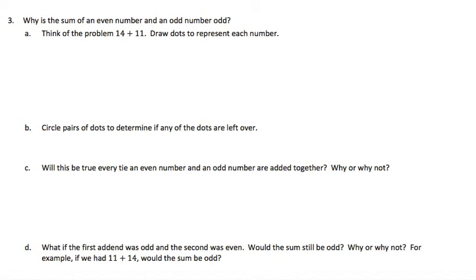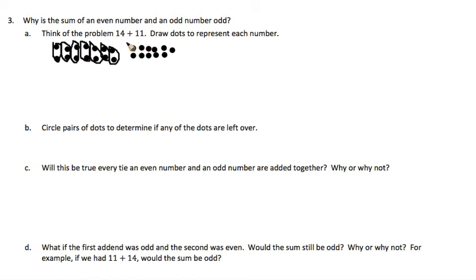And then in example 3, we're going to look at why the sum of an even number and an odd number is odd. So we'll draw the dots to represent 14 plus 11. Then we'll circle the pairs of dots to see if we have any that don't have a partner or any that are left over.